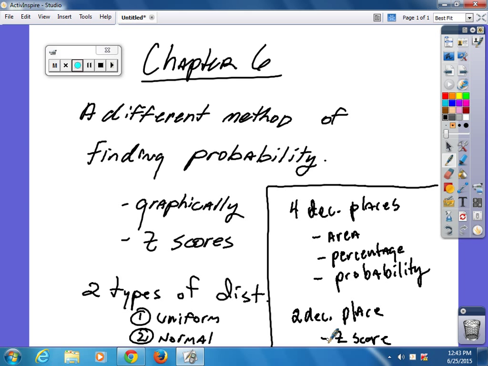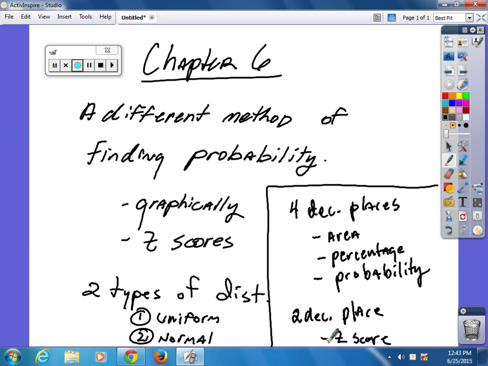And if you see 0.4057, I want you to automatically know that that is an area or a percentage or a probability, but it's not a what? Z-score, because sometimes one of the biggest problems students have in this section is they flip-flop them. You go look up 0.40 as a z-score, and then you'll get it all wrong. It's not a z-score. 0.4057 would be an area, percentage, probability of those 4 decimal places.